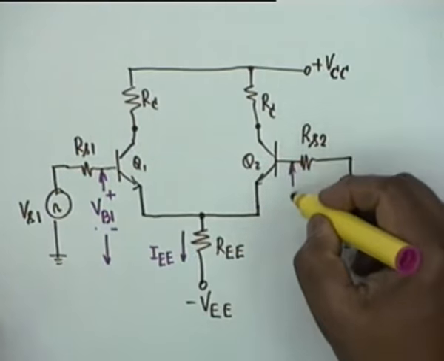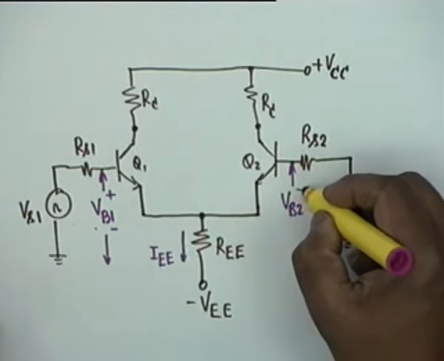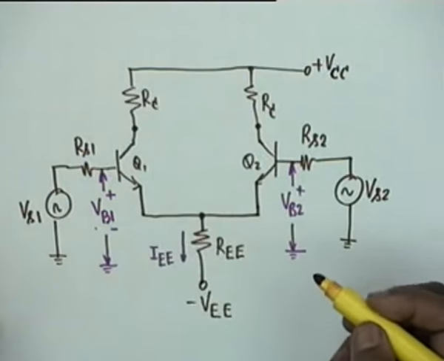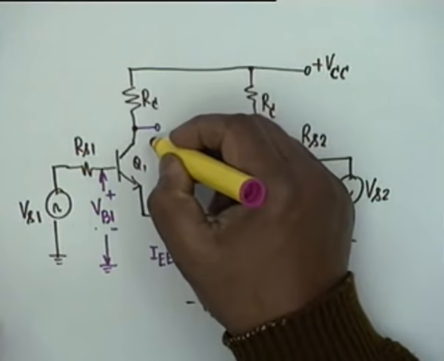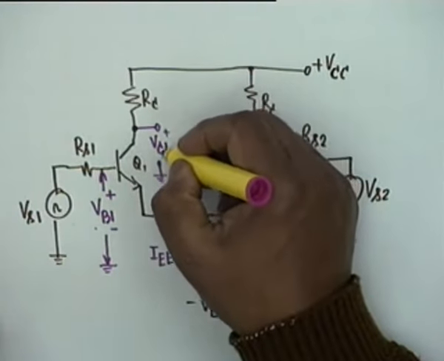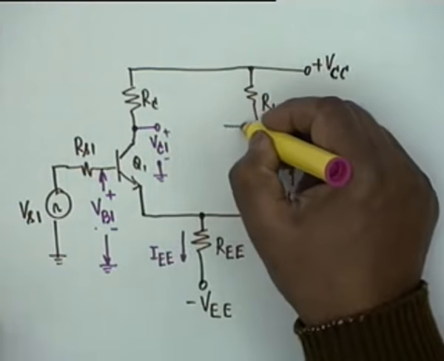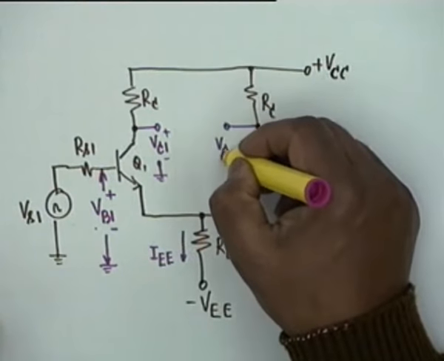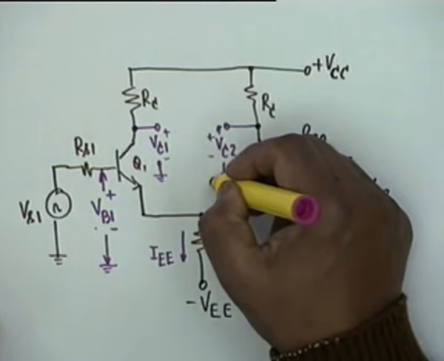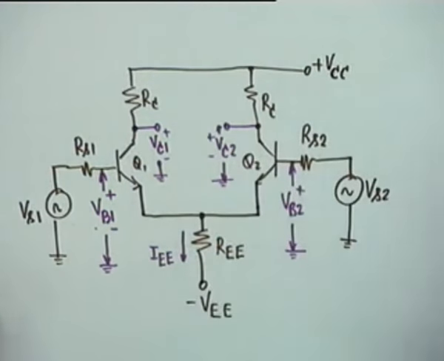This voltage we will call capital V B2, between this point and ground. This voltage we will call VC1 between this point and ground. The collector 2 voltage we will call VC2, plus minus, again between ground.